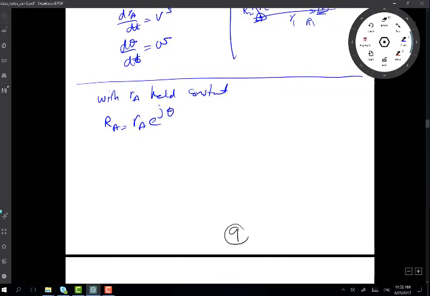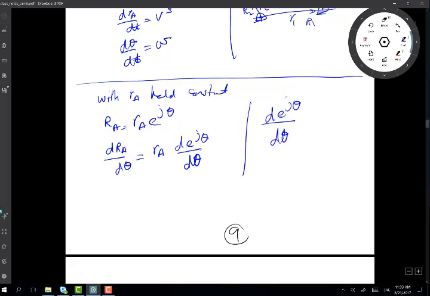When you differentiate d/d theta of e^(j theta), you only rotate this by 90 degrees. So the result is e^(j(theta plus pi over 2)).